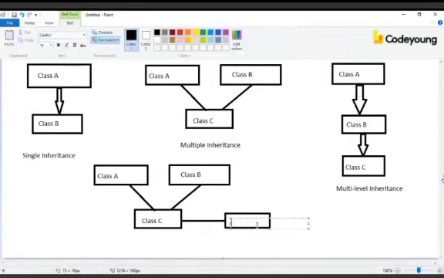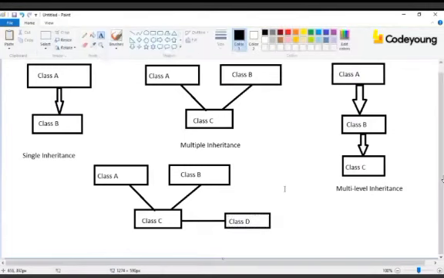Yes, this is the combination of these two. Isn't it also multi-level inheritance?